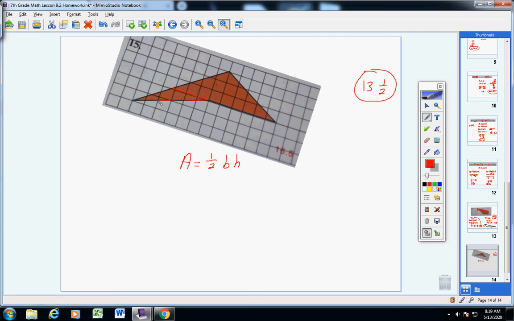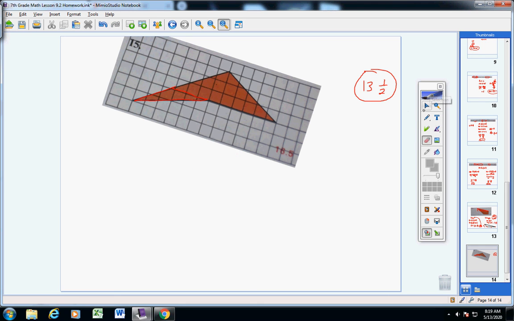Here's my triangle. Okay, so my height has to come here straight down. We do not know the length of that line at all. We don't, okay? We just don't. So, let's get this out of the way. All right, let's erase that.